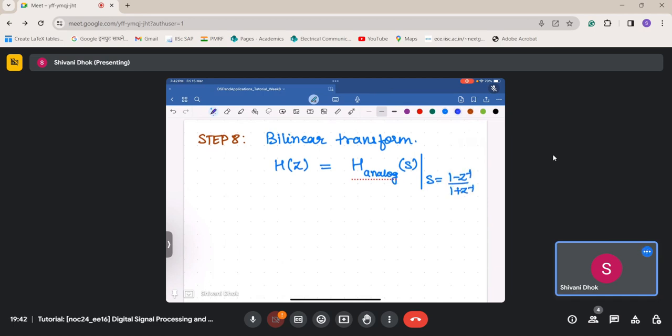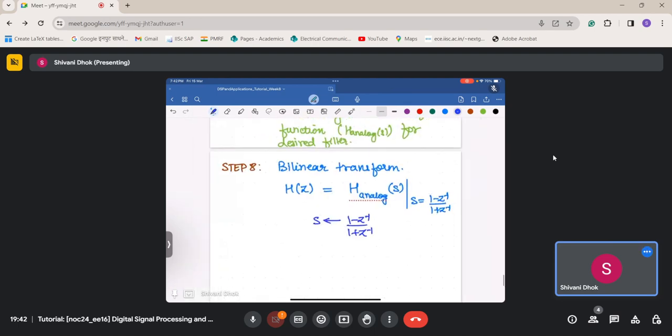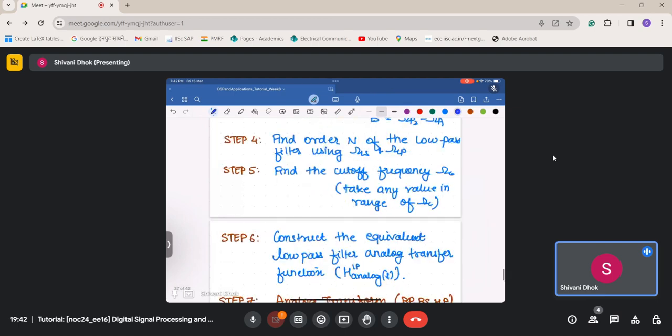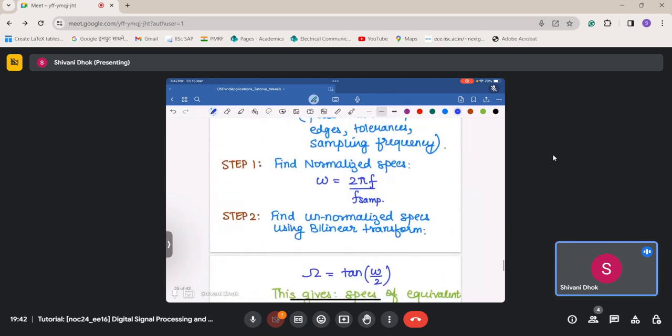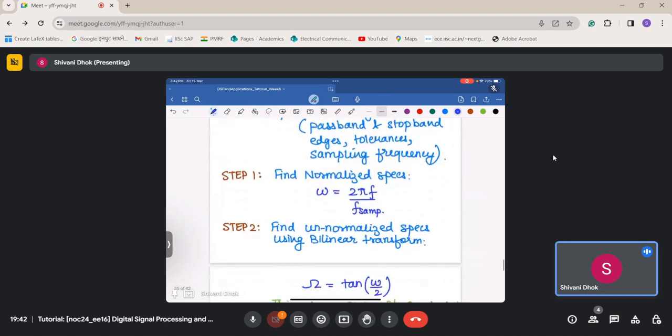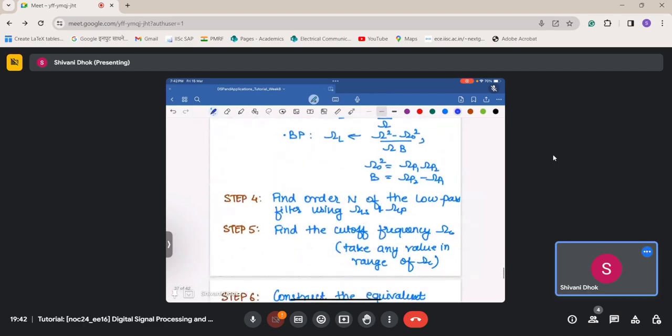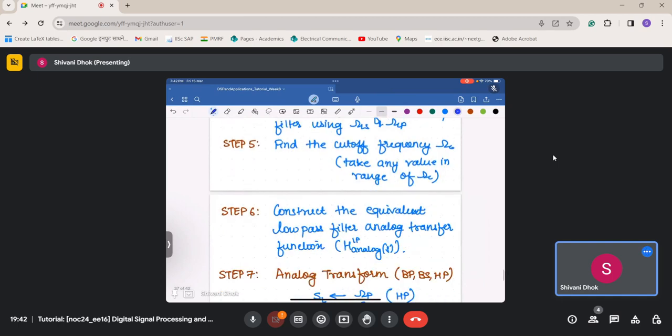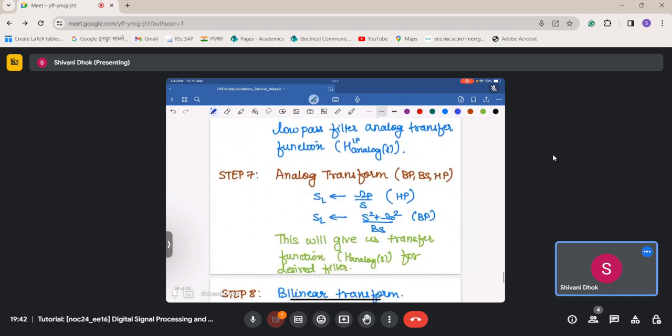Basically, we replace S by this and simplify to get the transfer function. So these are the steps for designing the filter. I have listed them down so that it will be helpful for you to solve your assignments and other things. Is it clear?